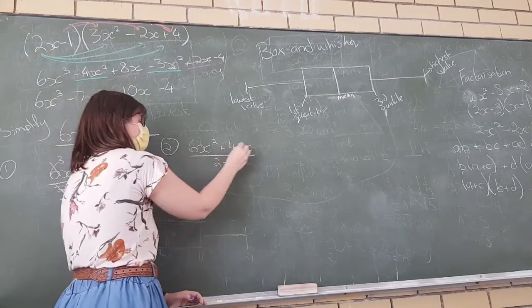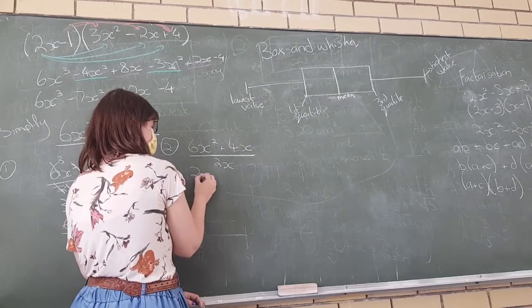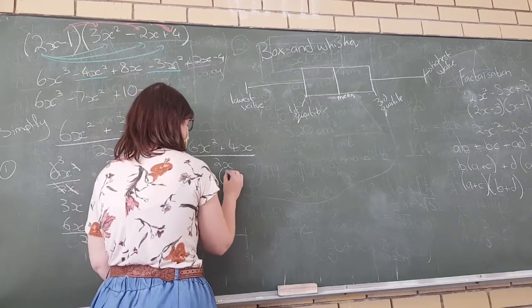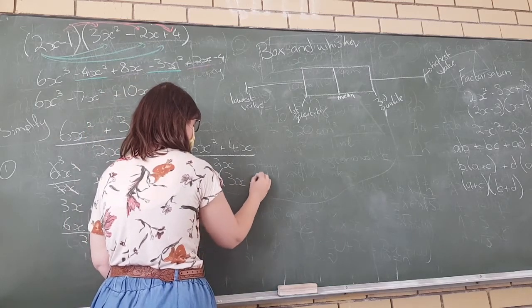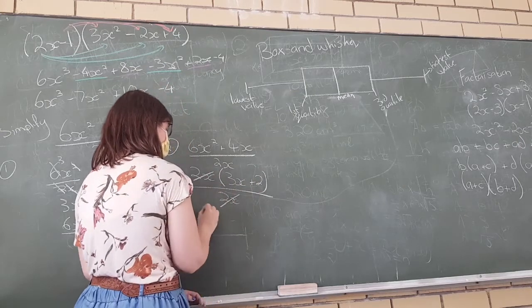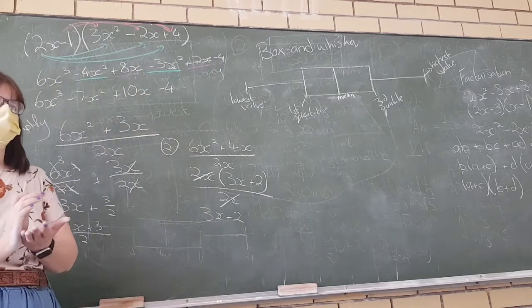Alright, so now I take out my highest common factor. What's my highest common factor? 2x. I'm left with 3x plus 2 over 2x. These two cancel. I'm left with 3x plus 2.